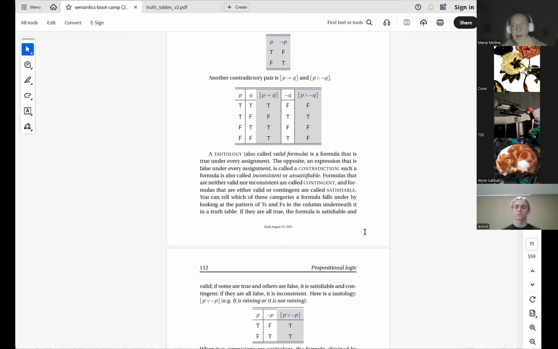There is no way to get a true value out of this expression. This is also called inconsistent or unsatisfiable.